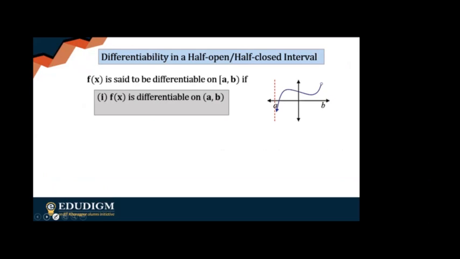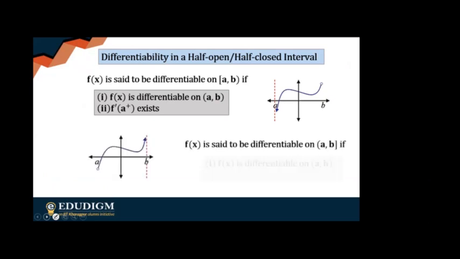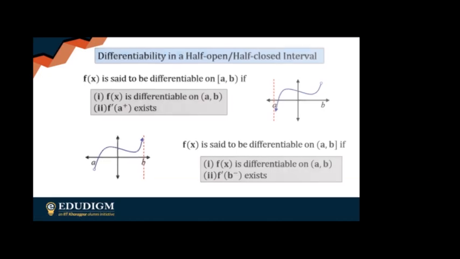Since A is included here, obviously the right hand derivative will be under consideration. If I include B, there will be the left hand derivative under consideration. Very simple and intuitive, and very similar to continuity. So I'm not going into the details. I hope this is okay with all of you. We'll just do some examples.